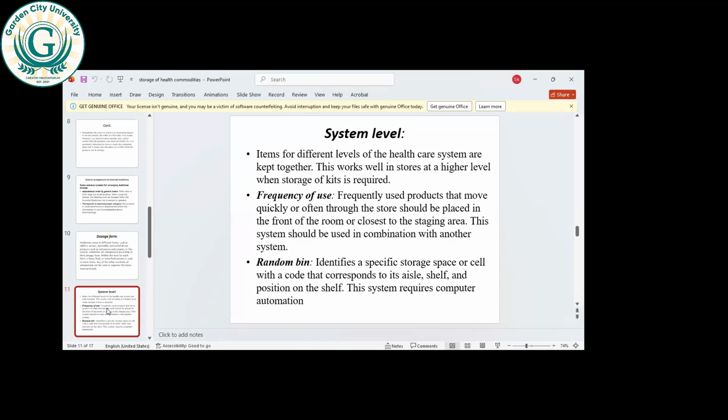So you store them. I remember when I was doing my national service at St. Mary's Hospital, this is what we were doing. Normally Tuesdays, currently Tuesday is the market day for that place. So Monday when we go to work, we start packing because you have the pregnant women, malaria.